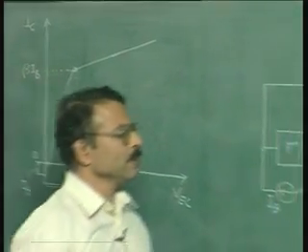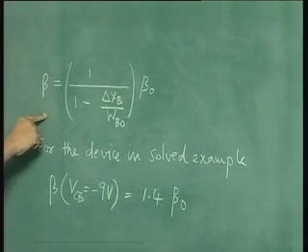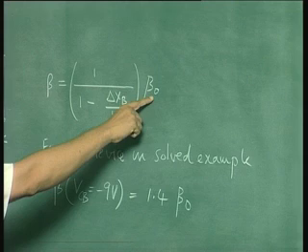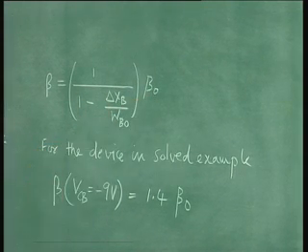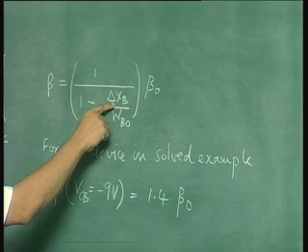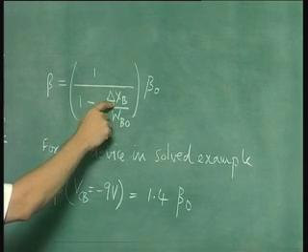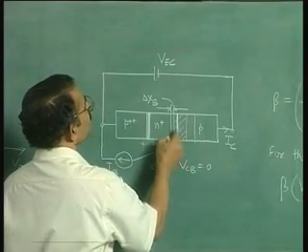So, in fact, this was the formula for beta as a function of beta naught, where beta naught is the beta when collector base voltage is 0. Delta XB is the base width modulation, the change in the depletion layer of the collector junction within the base, that is this quantity.